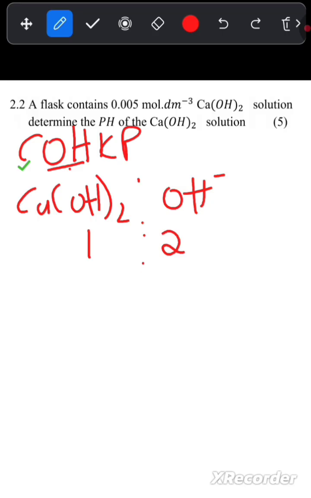All right. So the concentration is 0.005. Now we want to know the concentration of OH minus.